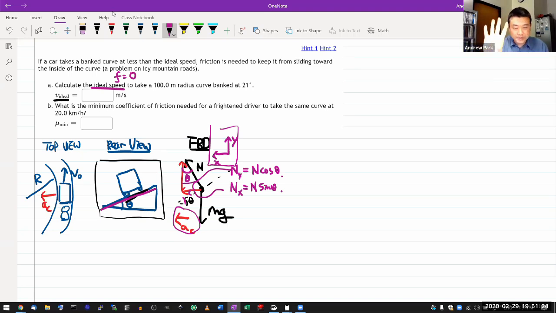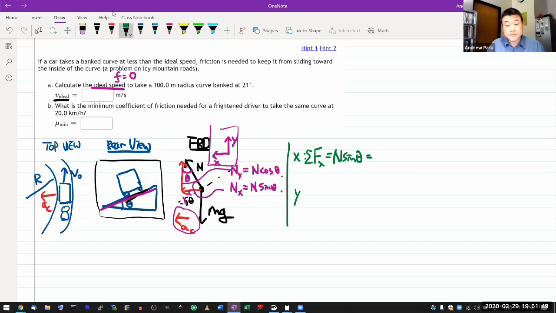Let me finally do step number 4, which is writing down Newton's second law equations. I'm going to need to write down 2 equations, one for each dimension, x and y. Net force in the x direction gives me the x component of force, N sine theta, equal to mass times acceleration, and I recognize that it's a centripetal acceleration, so it's m v squared over r.